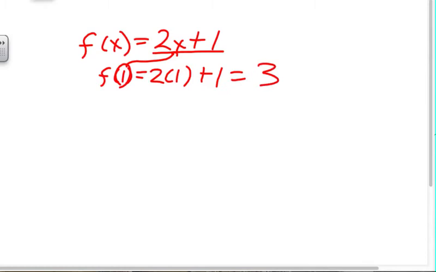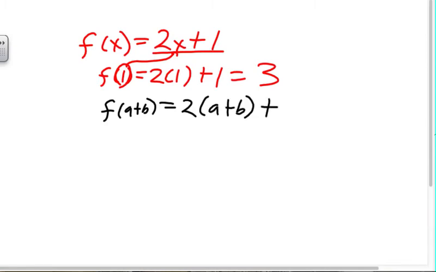And that's what I deal with. Okay. And every time I put a 1 in, I will get a 3 back out again. This won't give me anything else other than that. Okay, well here we don't have a number, but it's the exact same thing. It's 2 times a plus b plus 1.